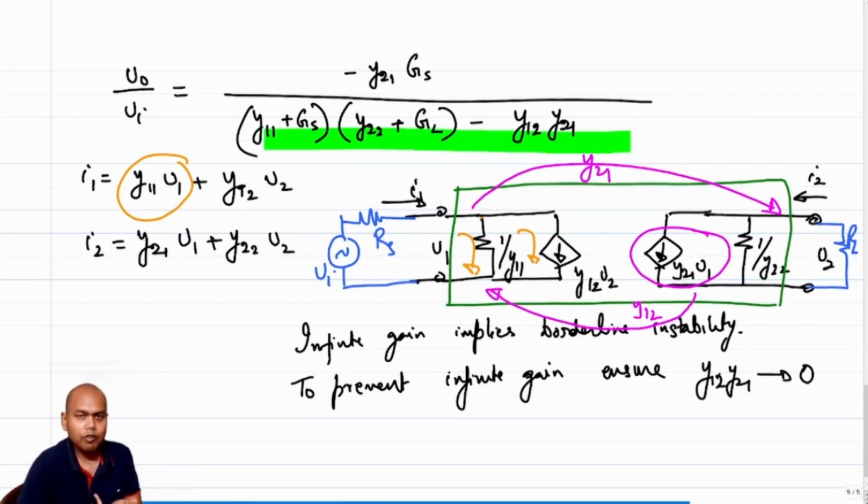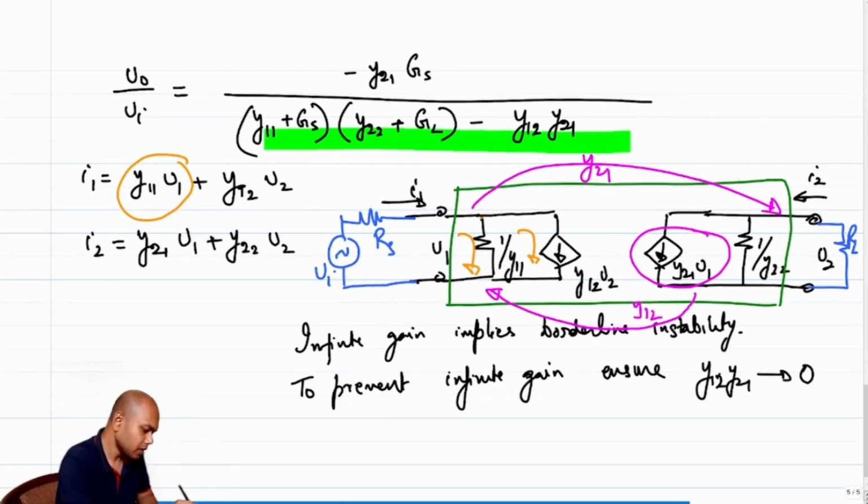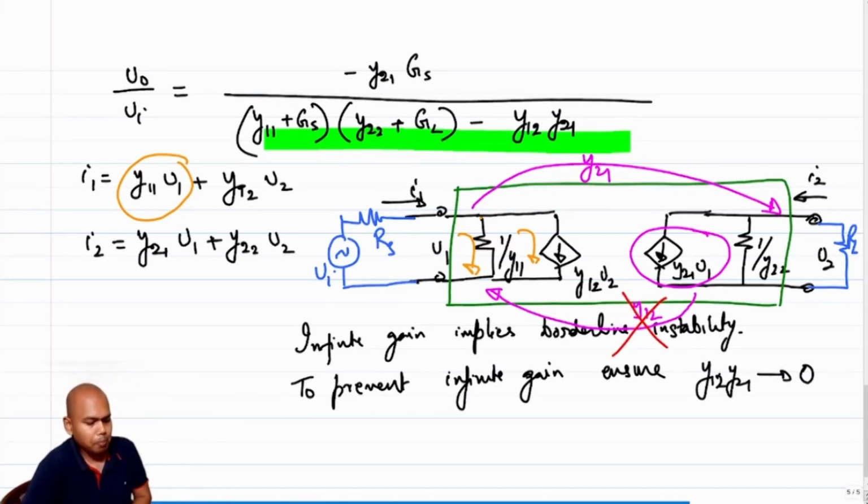And what is Y12 doing? It is stealing some of the signal from output and bringing it to the input, which might also lead to instability, right? So essentially you don't want this back transmission, this reverse propagation of signal from output to input through the network, which can cause potential instability.